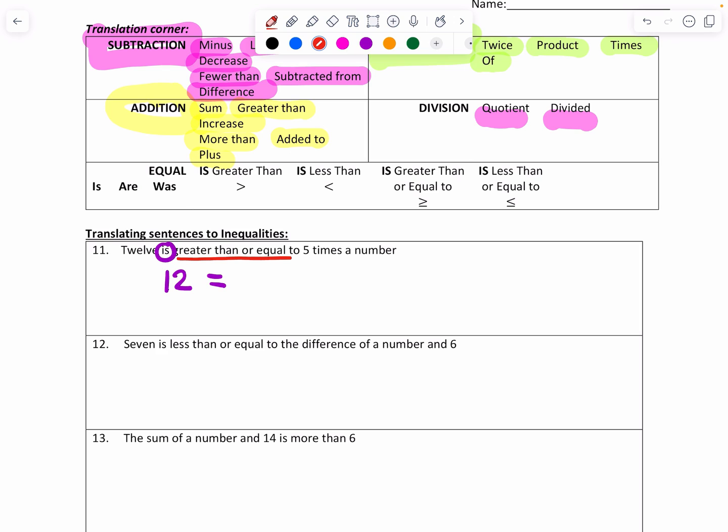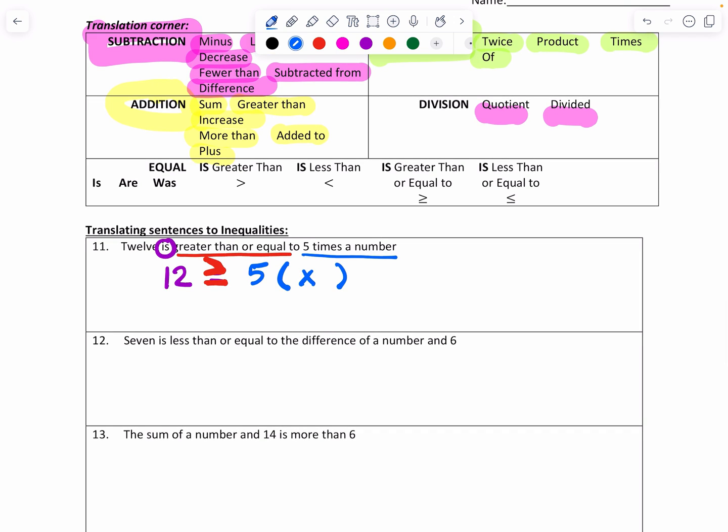So instead of just 12 equals, it's going to be 12 is greater than or equal to 5 times a number. I don't know what that number is. I'm going to call it X. There we go. That's it. 12 is greater than or equal to 5 times a number. And I translated that into an inequality.